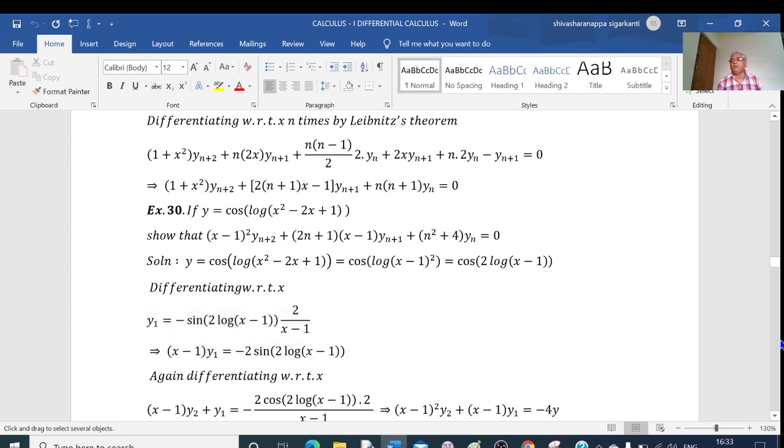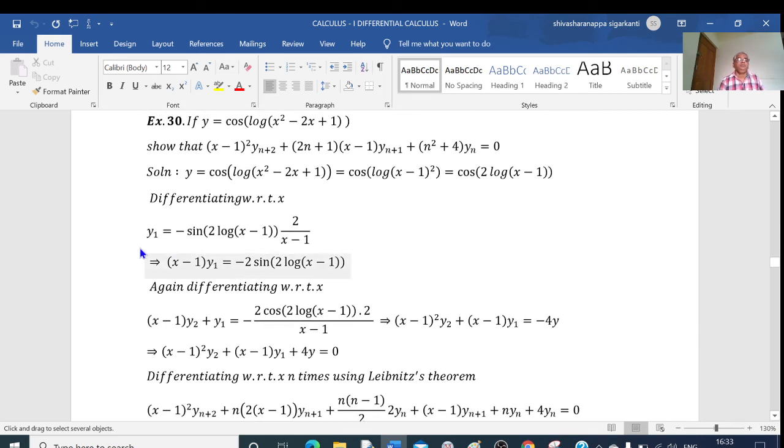Multiplying this equation throughout by x minus 1, we get (x minus 1) into y1 equals minus 2 into sine of 2 log (x minus 1). Again differentiating this equation with respect to x, on the left hand side I have to apply the product rule.